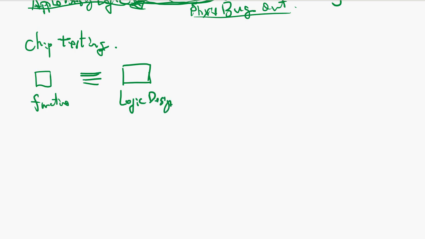How do you verify this? When it comes to a complex chip like a CPU, this is impossible. The best you can do is say, yeah, I think it's 80% identical.